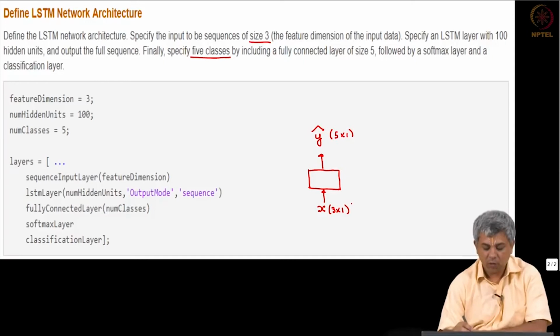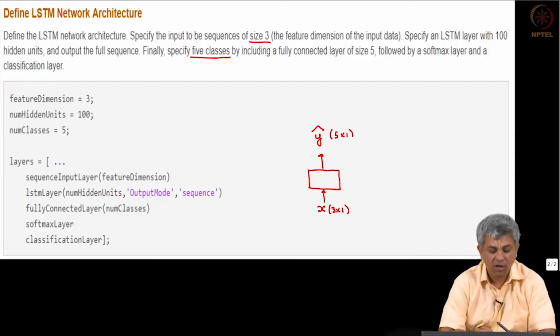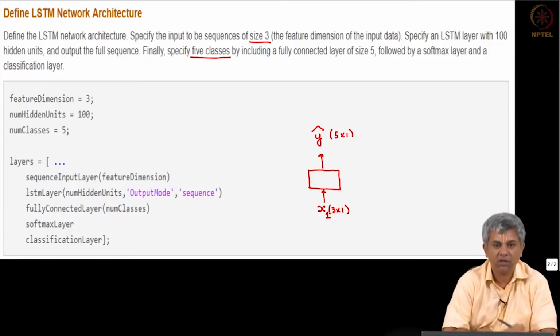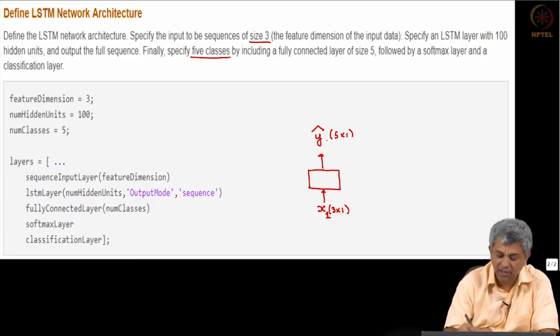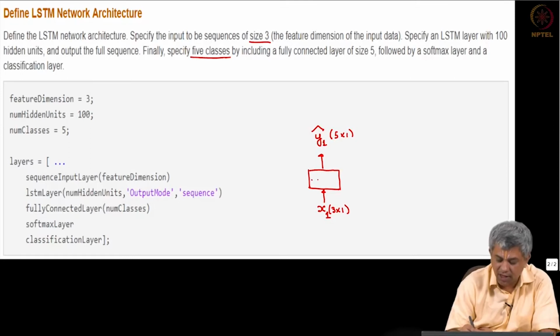Okay. Now, why did I write 3 cross 1 and not 3 cross 64,000 or something? Because this is only the first time instant. Okay, remember, this is a sequence to sequence classification task. I take the first time instant and somehow I am supposed to predict what y1 hat is. Okay. Now, the magic thing there is this layer in the middle.